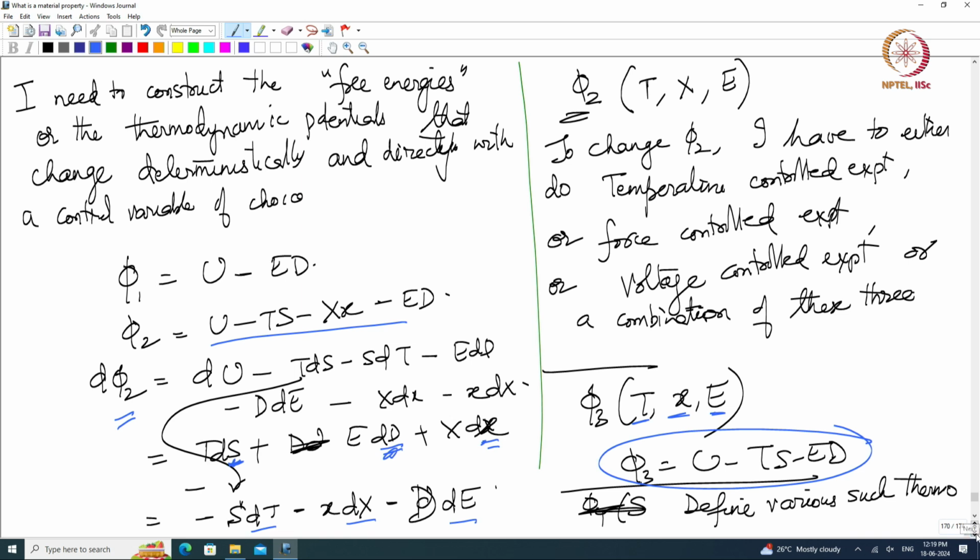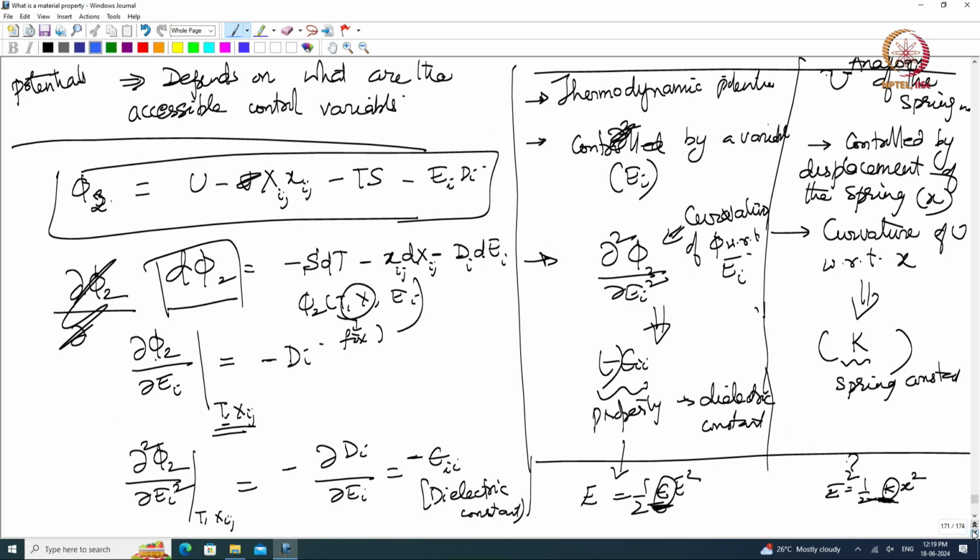Based on this, last time we looked at what ∂phi 2/∂Ei is, and then ∂²phi 2/∂Ei², and that is nothing but my dielectric constant, or negative of the dielectric constant, that is the curvature of this potential phi as a function of E. E is the cause and the displacement is the effect.